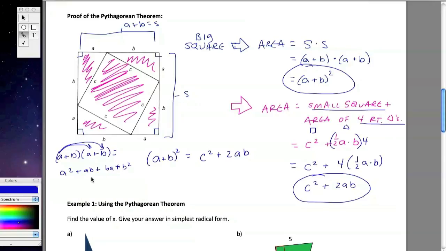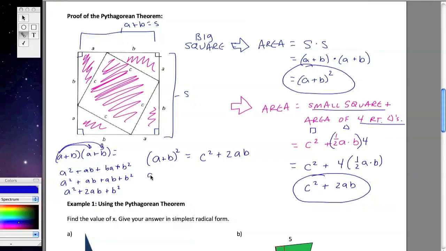If we simplify this, this is a squared plus ab plus ab plus b squared. So I move this ba to be ab. A squared plus 2ab plus b squared, because there's 2 of these ab's.